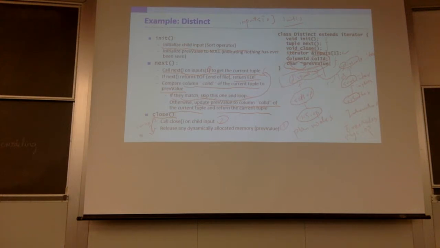It could be an internal state in that. If that's the case, you do not want to deallocate that memory here. You should rely on the close method of your child iterator to deallocate that memory.